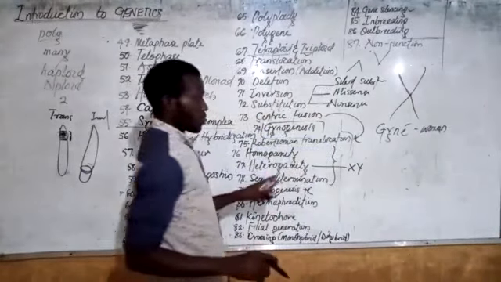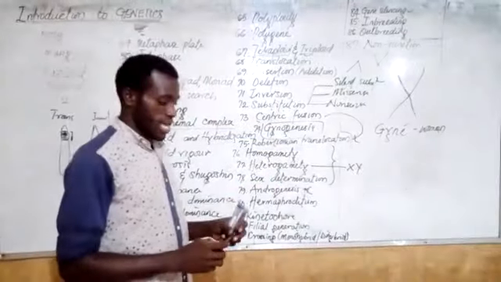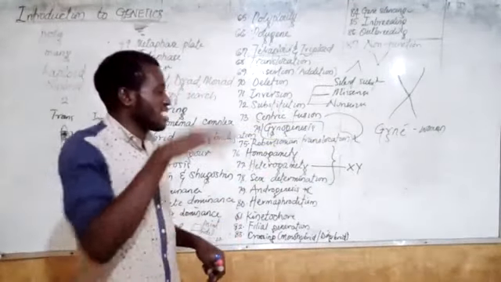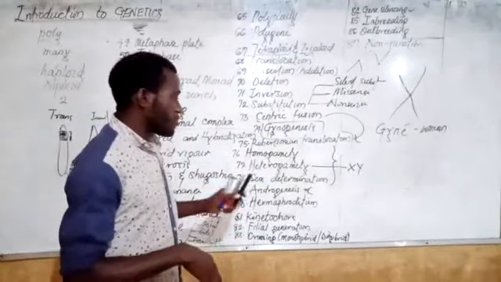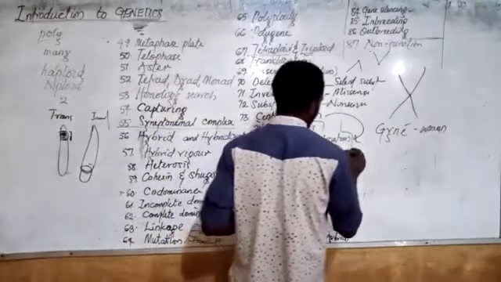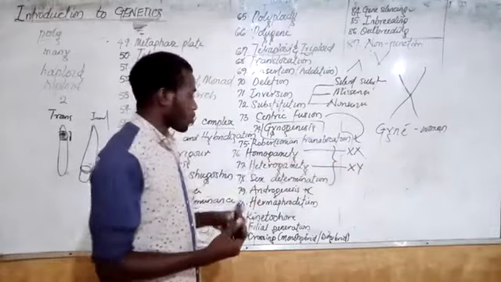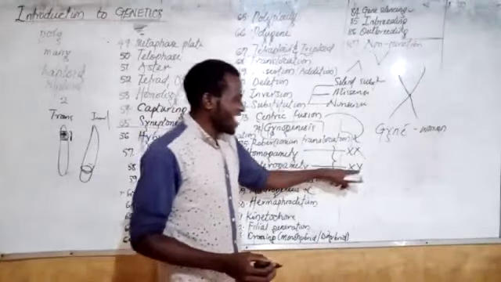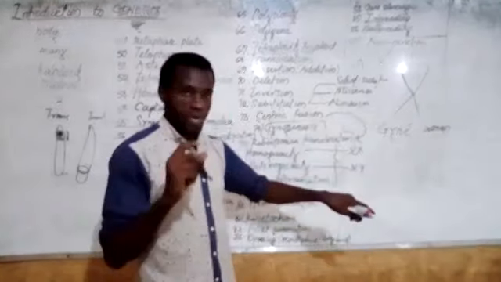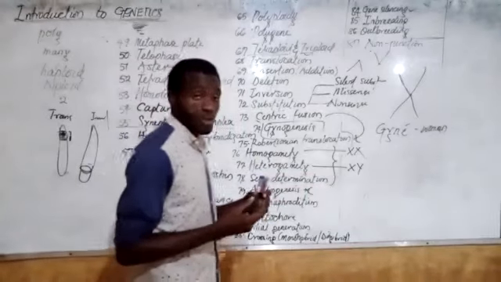Male heterogamity, because our heterogamity in humans is in the male. Our female exhibits homogamity by possessing XX chromosomes, while male exhibits XY chromosomes, Y being the smaller sized chromosome.